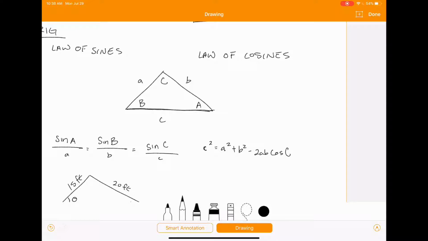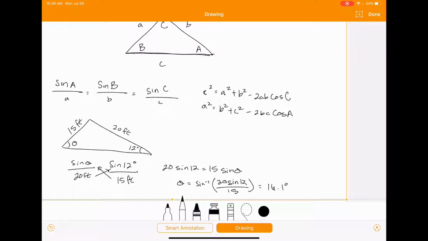So again, you can interchange this and write it multiple different ways. So you can have a squared equals b squared plus c squared minus 2bc cosine of A, or b squared equals a squared plus c squared minus 2ac cosine of B.